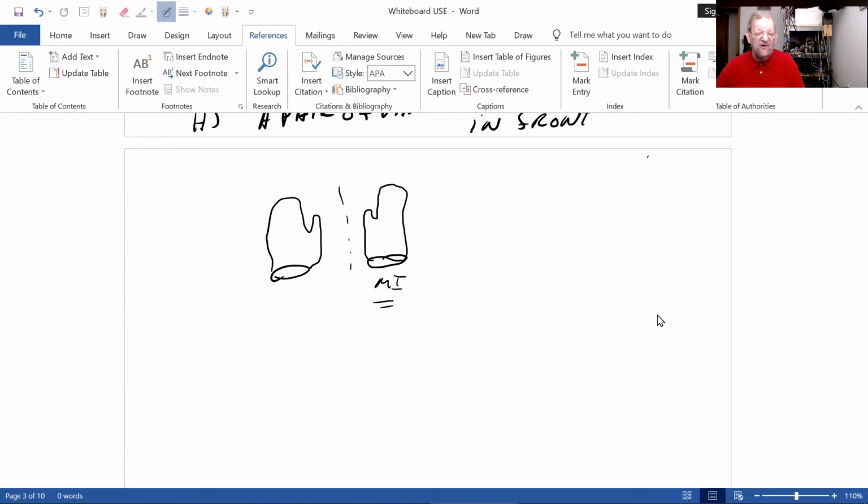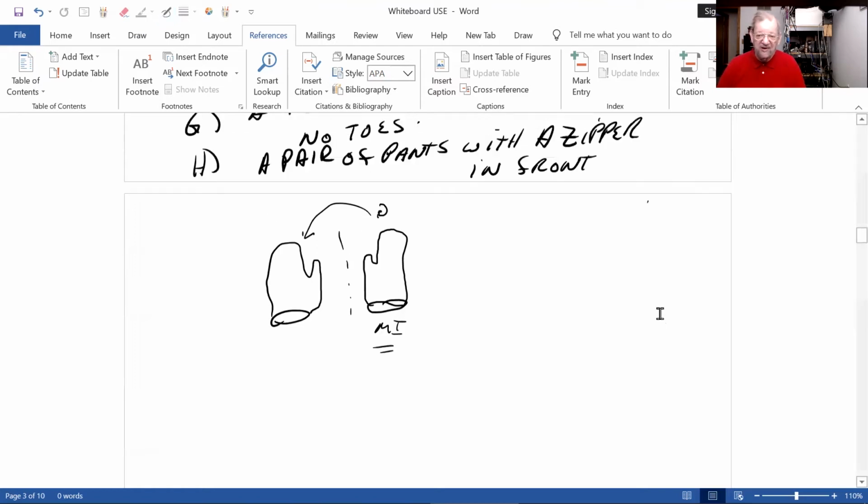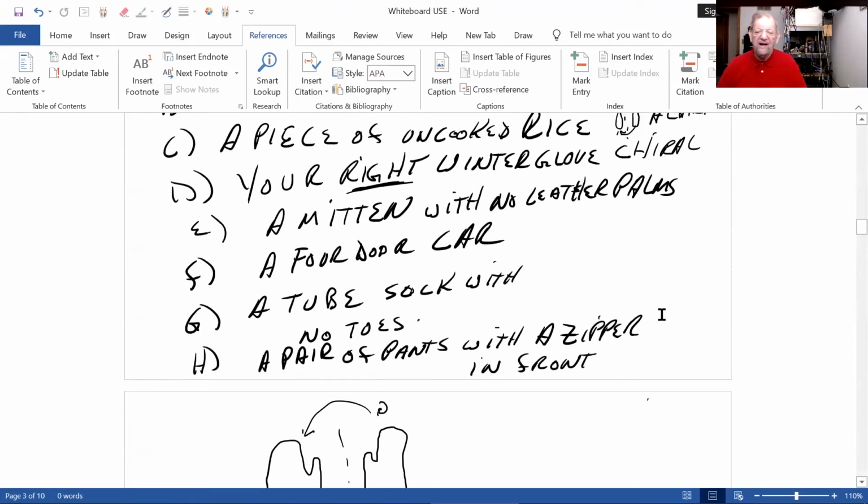And you'll notice all I have to do is rotate this around and it's superimposable. Since it has a superimposable mirror image, a mitten with no leather palms is achiral.